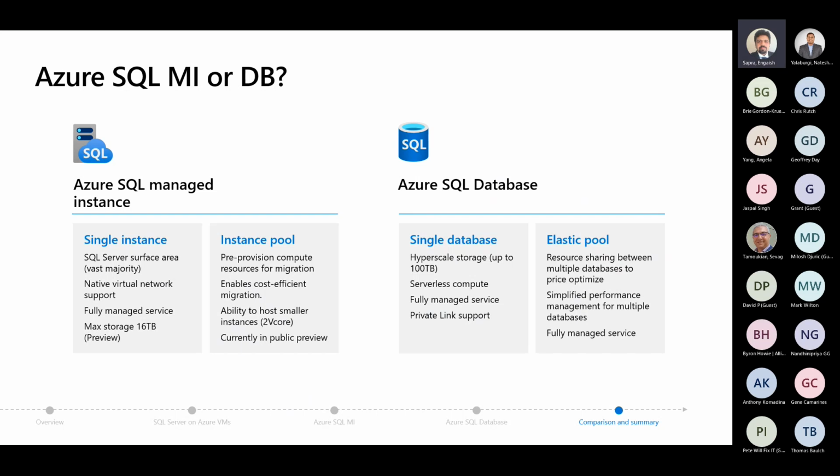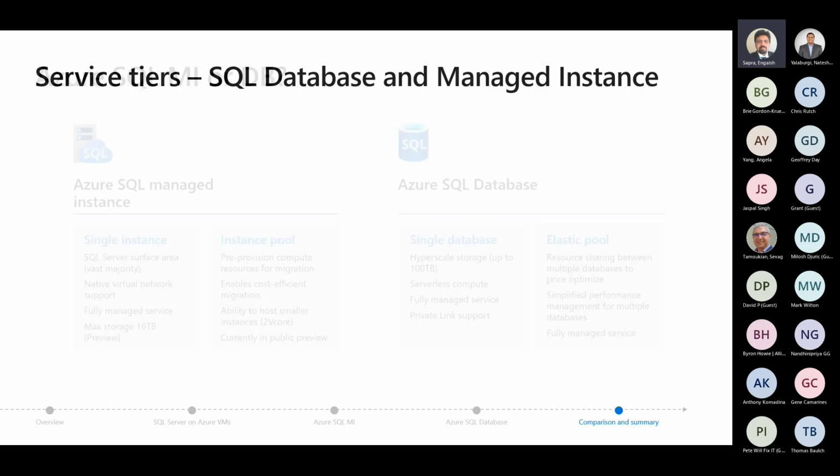Now, from an Azure SQL DB perspective, we also get elastic pools. Elastic pools host many databases that may be multi-tenanted. This is ideal if you're building a SaaS application and ready to provide that as a service, because you can manage and monitor performance in a simplified way for many databases.